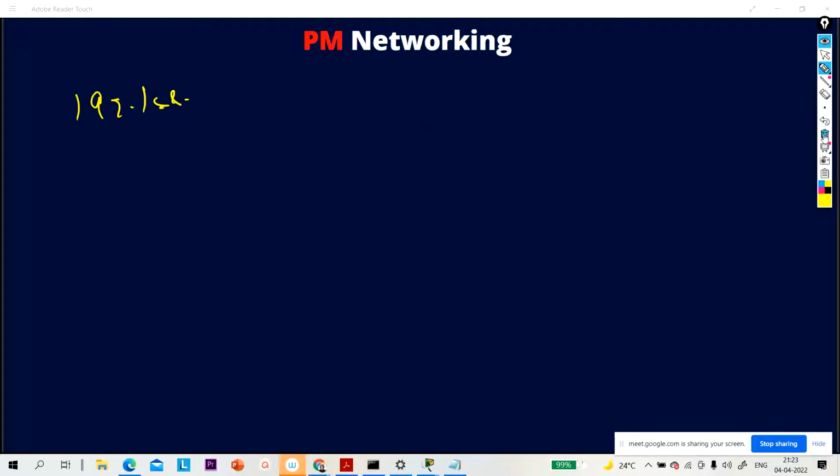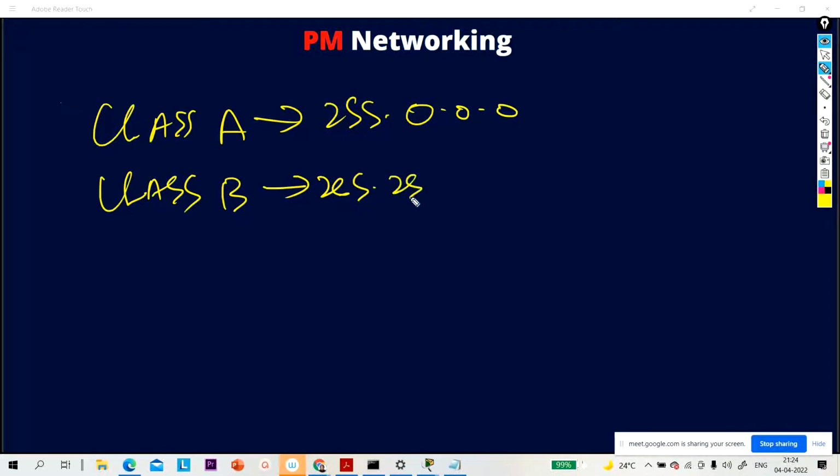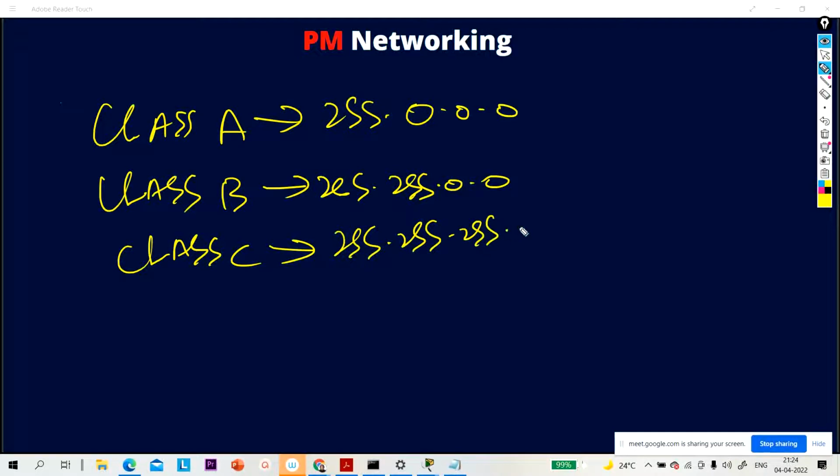192.168. Okay, you can take one screenshot for class A. Subnet mask is 255.0.0.0. For class B, subnet mask is 255.255.0.0, and for class C, subnet mask is 255.255.255.0.